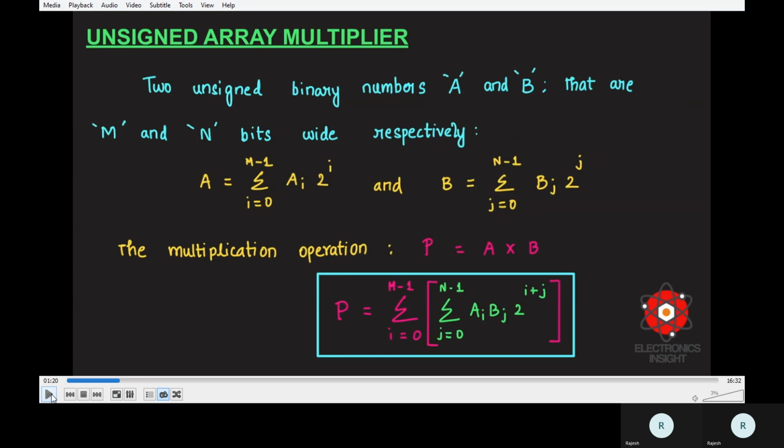So those values can be written as sigma i equal to 0 to m minus 1 into sigma j equal to 0 to n minus 1 ai bj into 2 power of i plus j. So that is related to the product term. So this is an array multiplier because we are going to use full adders and half adders in this. How we are going to implement it with adders, that we study with one example of multiplication.